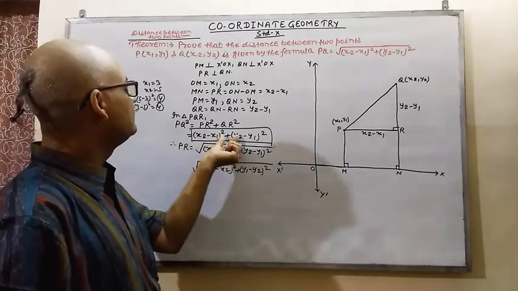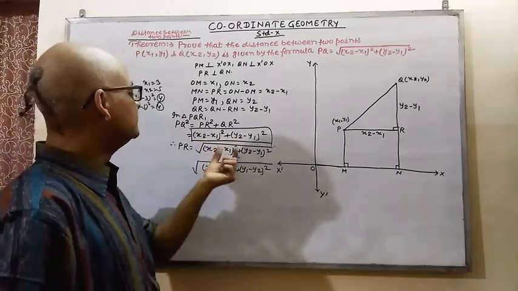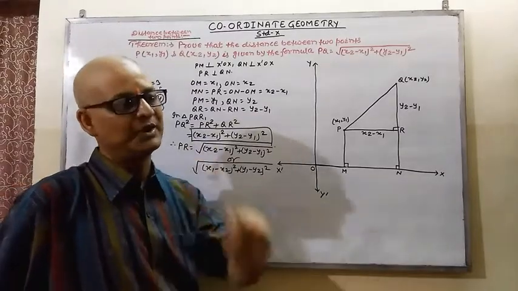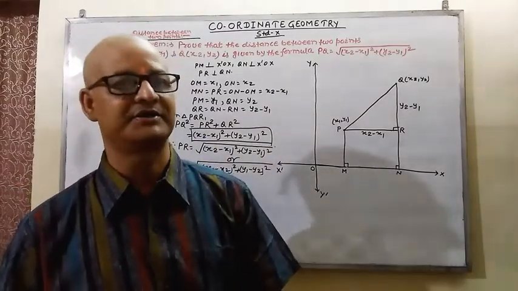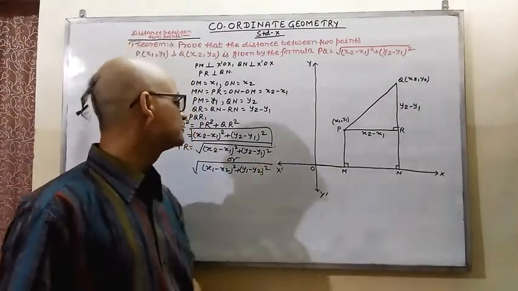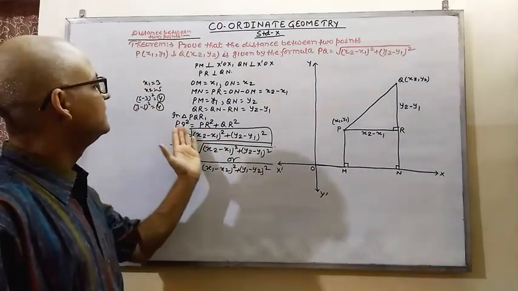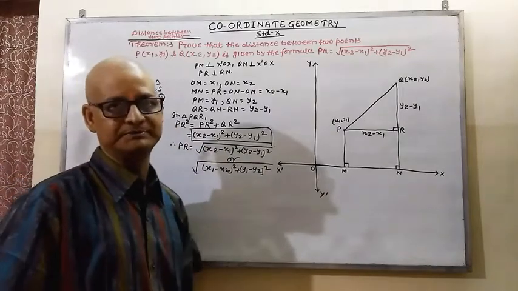Maximum work can be done by this process only. Somewhere we require the exact distance. So when the exact distance is asked, then we will find the square root. Otherwise, many questions can be solved in square form only.